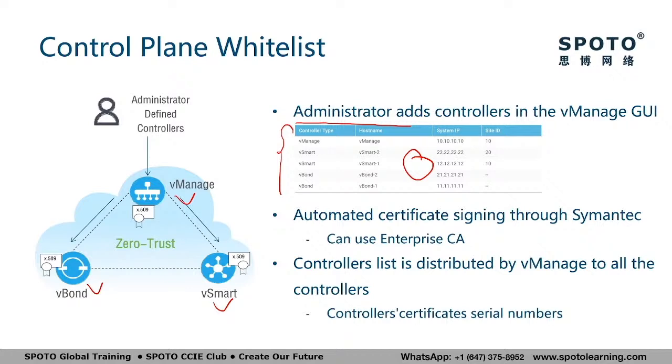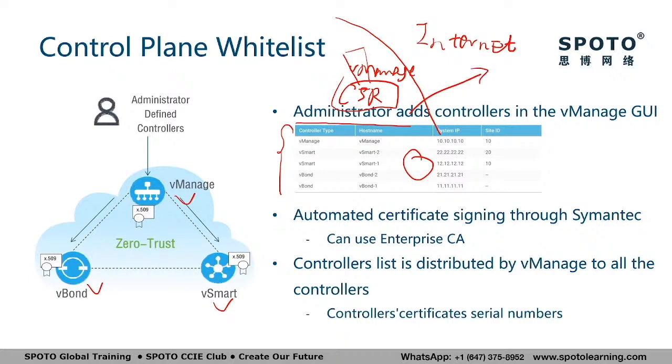For example, if your environment is behind the firewall, you can download the CSR file from the vManage. This is the vManage box. You download the CSR file, the certificate file, then submit this to Symantec on the internet.